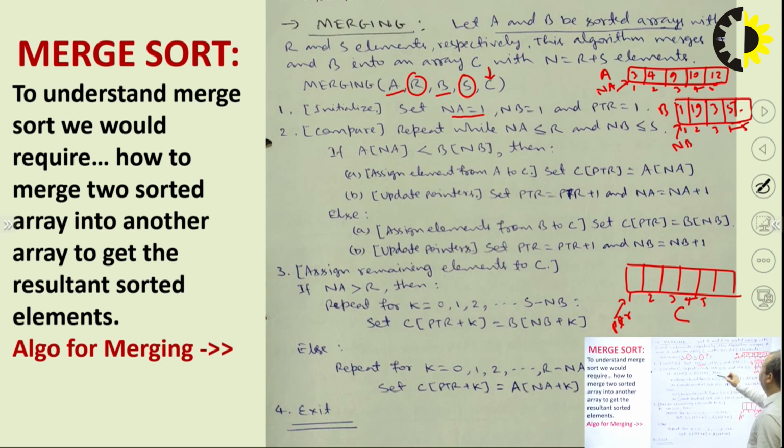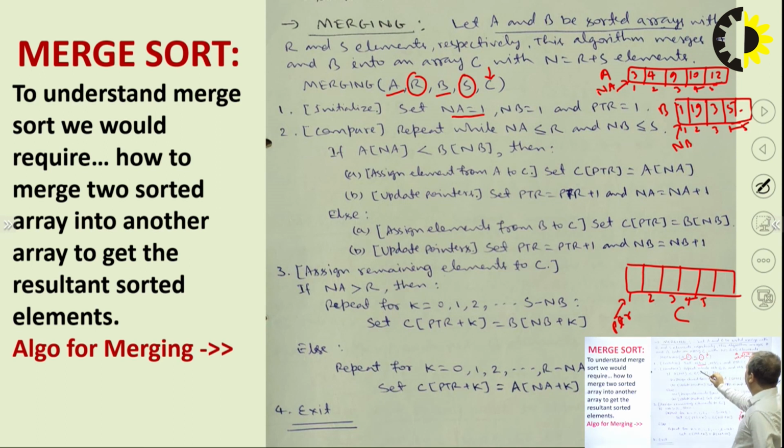Here, 3, the value at the first element of array A. NA is basically an index, NB is basically an index, and PTR is the index, which starts from 1, 2, 3, 4. We have initialized the values of NA, NB and PTR.